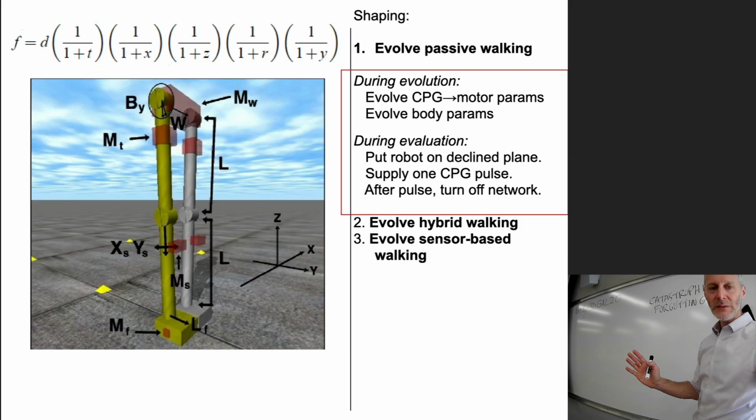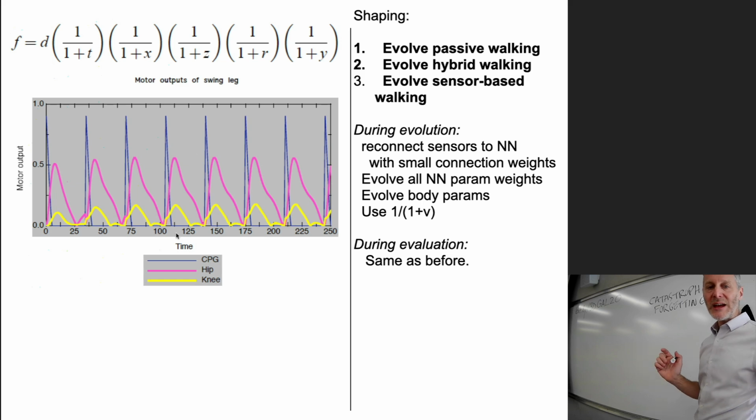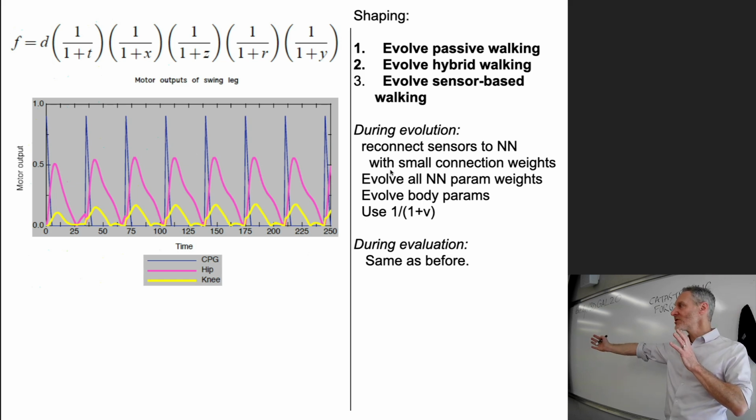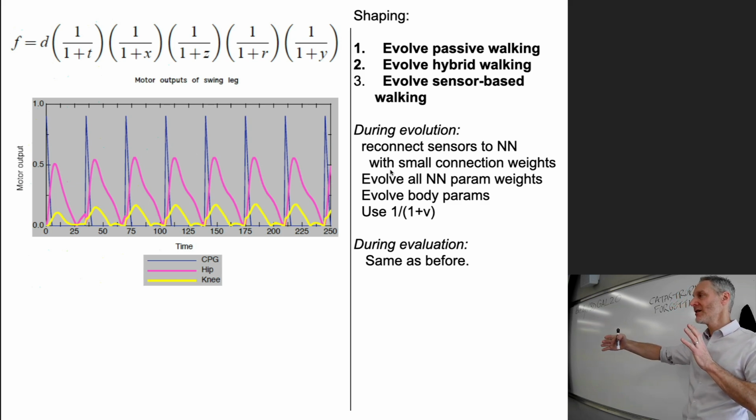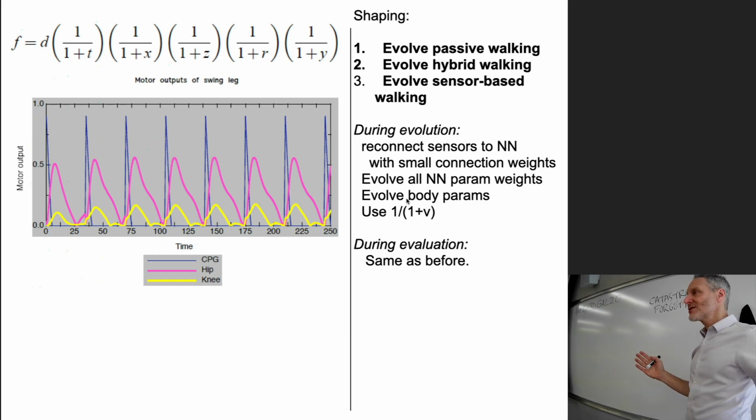Okay, so we're in phase 3 here. We've now extended the genome to include all these sensor to hidden neuron synaptic weights. We're going to continue doing what we've been doing in phase 1 and 2. We're going to continue to allow evolution to evolve the 22 body parameters, so maybe it's continuing to fine-tune the height of the robot, its mass distribution.